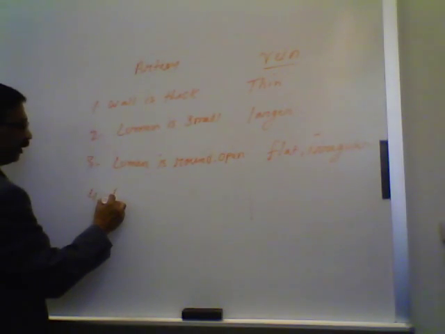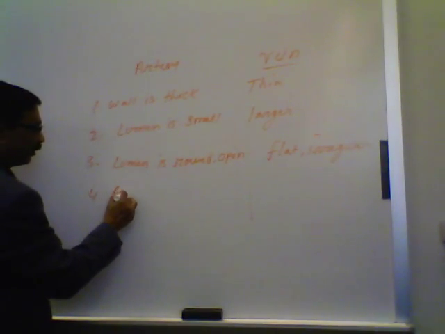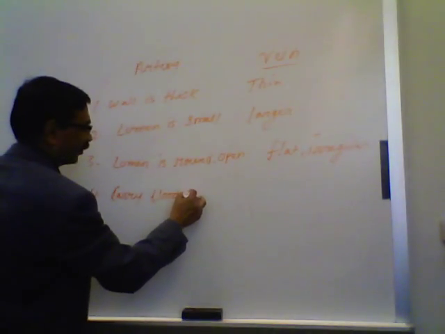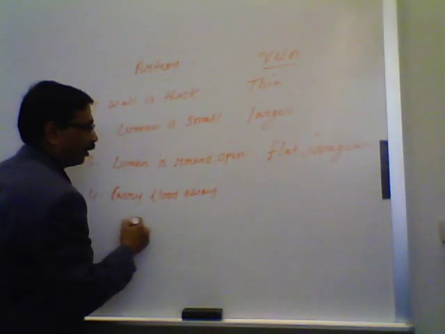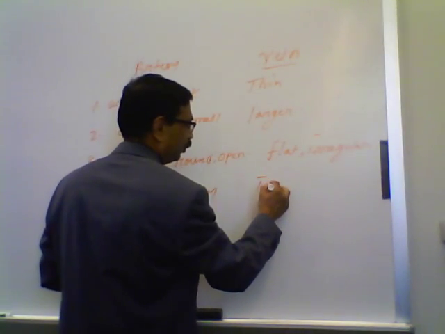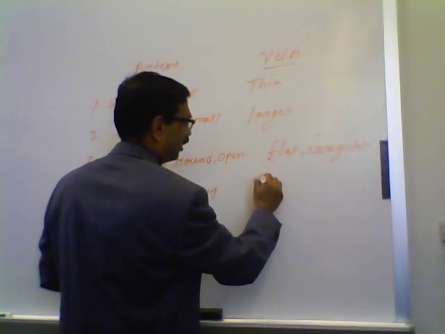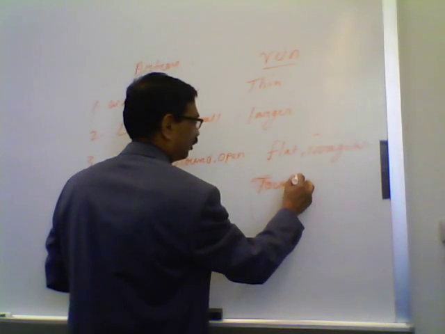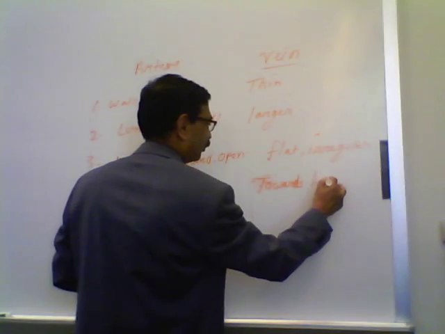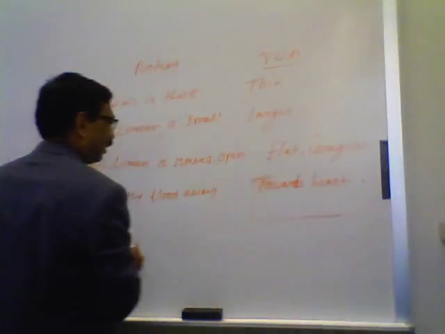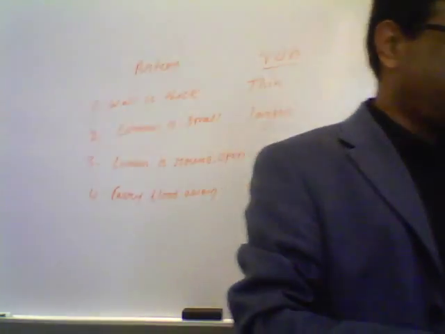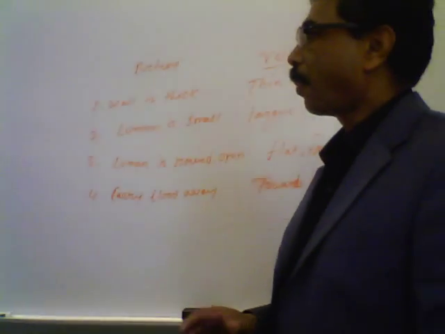Arteries carry the blood away from the heart, away, and veins bring the blood towards the heart, towards the heart. Okay. So those are a few differences between the arteries and the veins.